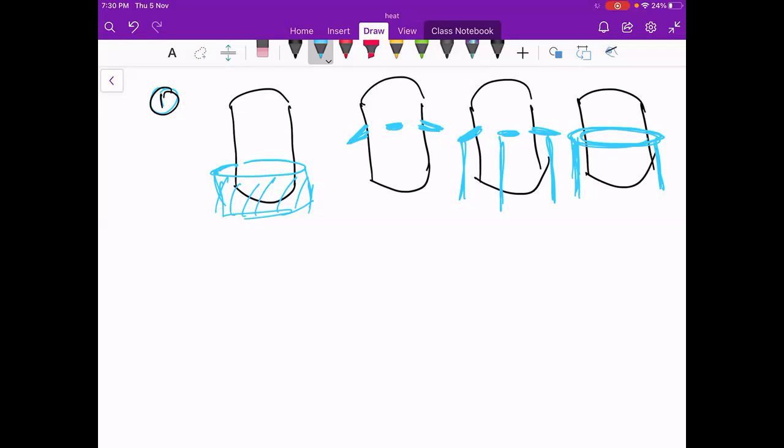Now we will have horizontal support. Among horizontal supports, the most famous is the saddle support.